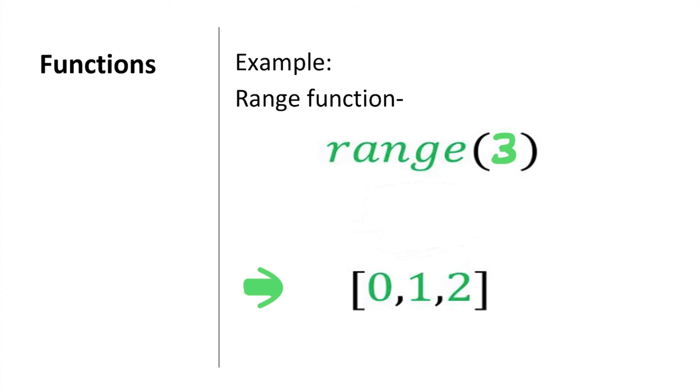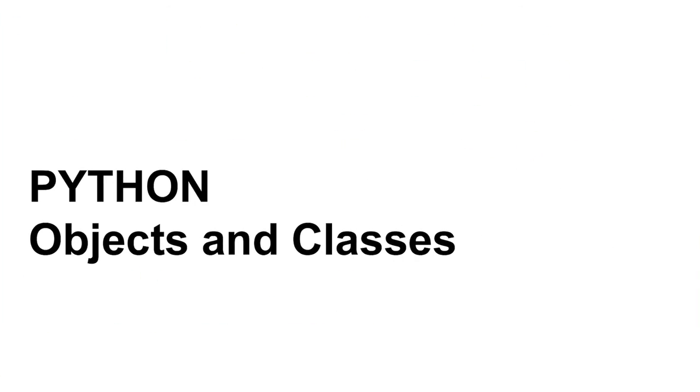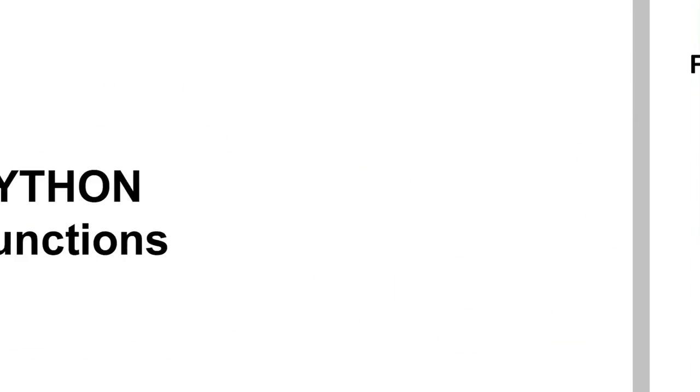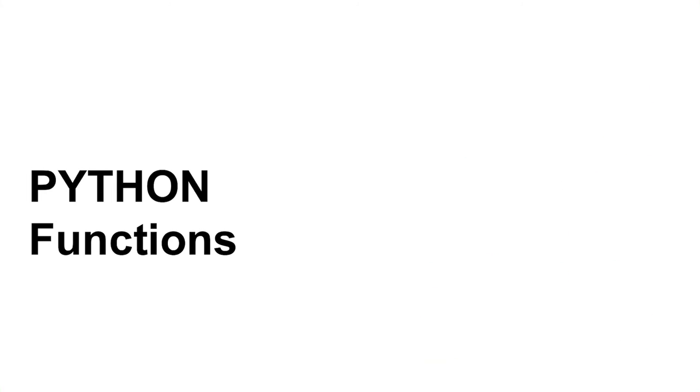Range of 3 means 0, 1 and 2, and range of 11 means 0 to 10. So this is how functions work, and in the next video we will be taking an example and looking at functions.